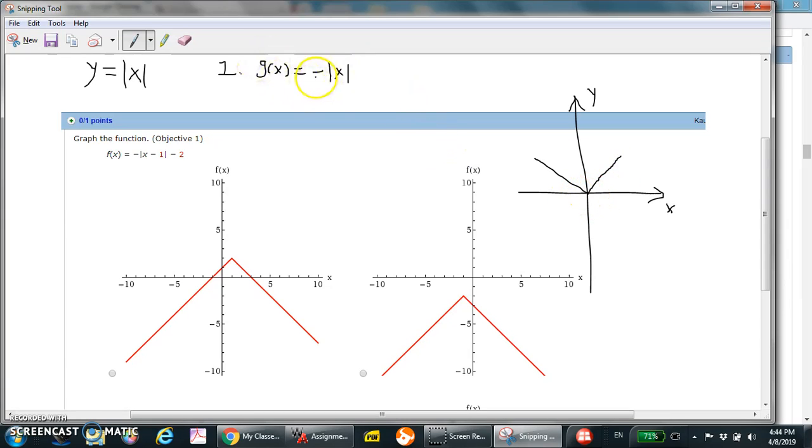Now when we add a negative sign in front of the function, this is an x-axis reflection. So we're going to turn the graph over the x-axis. Let me use a different color. So we're going to get this. This will be the graph of g(x).